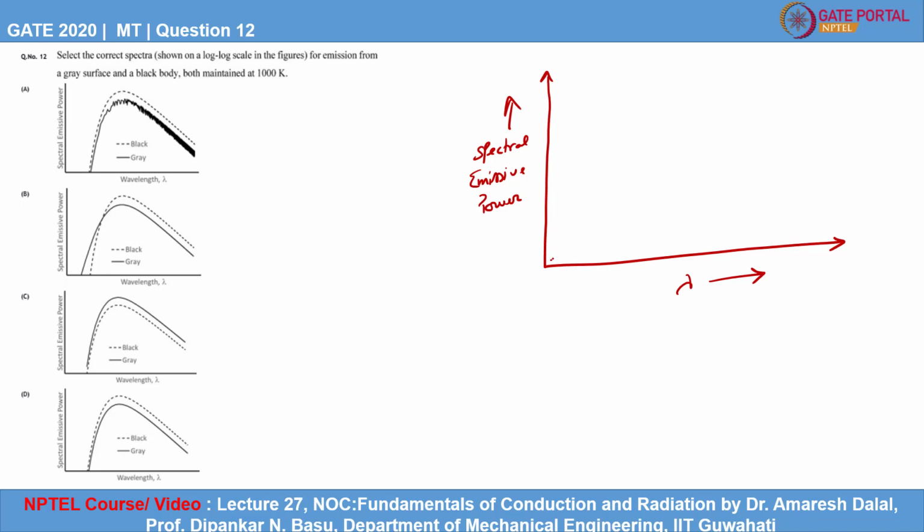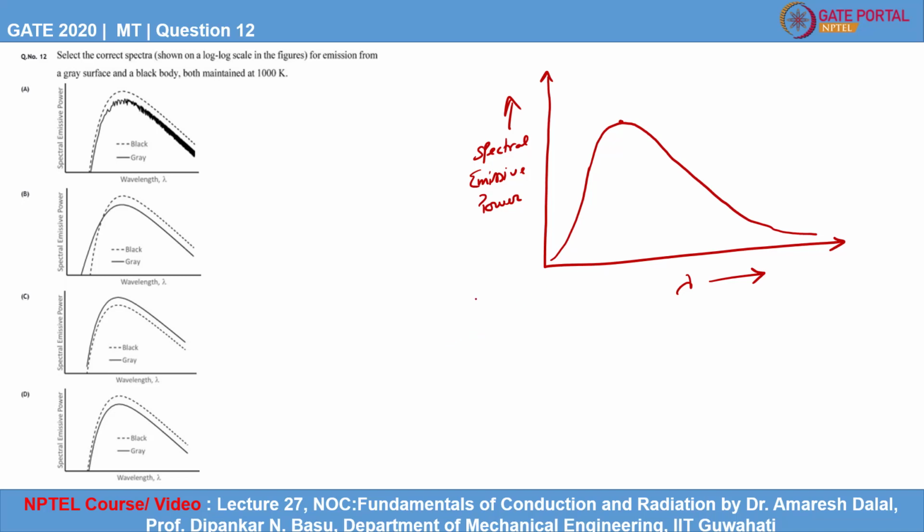So with increase in wavelength, the power increases, it reaches a peak and then it decreases. Okay, and this power is maximum at a certain wavelength.